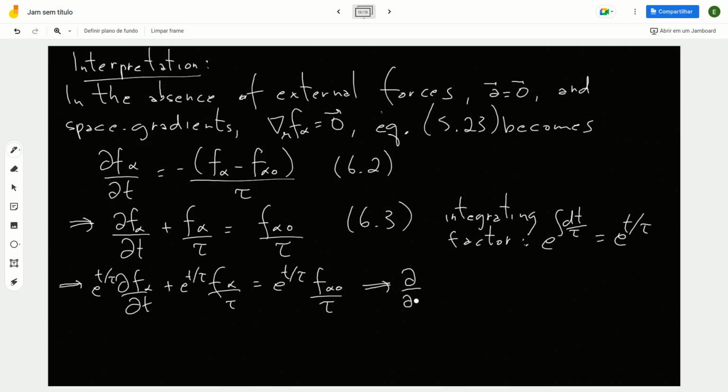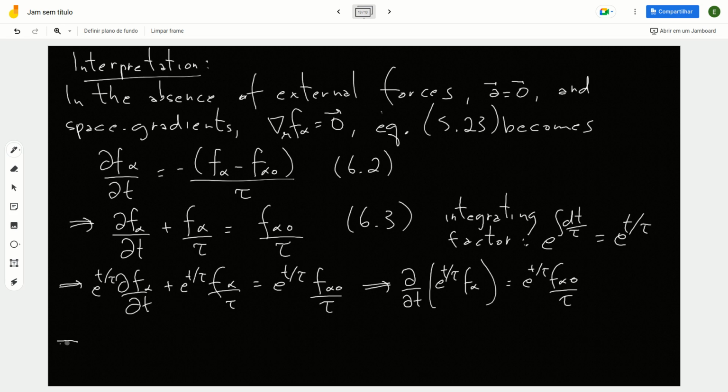So now the equation can be integrated easily. Let's see. So yeah, this is just this derivative. The rule of product here will be like this. And now we just integrate in time.